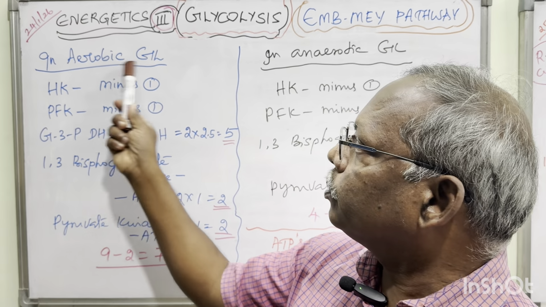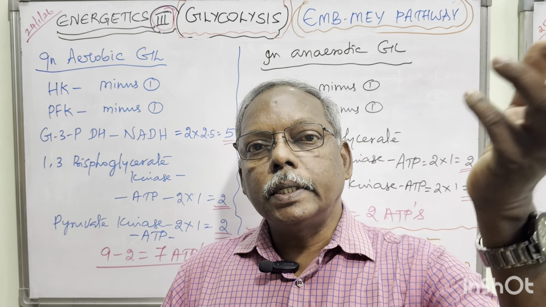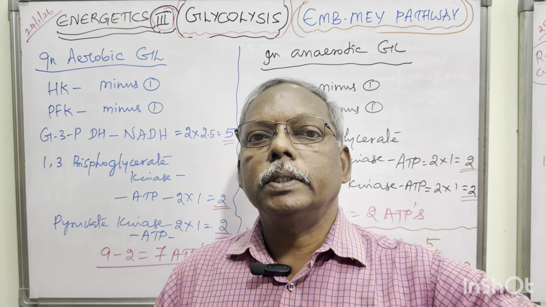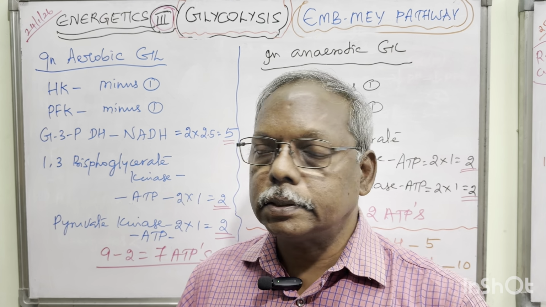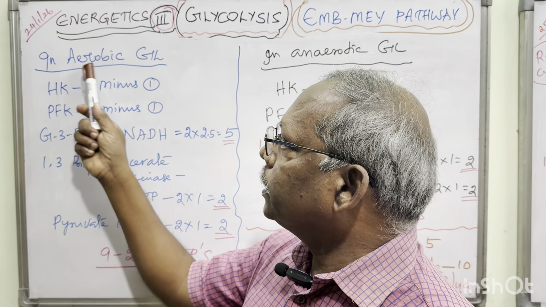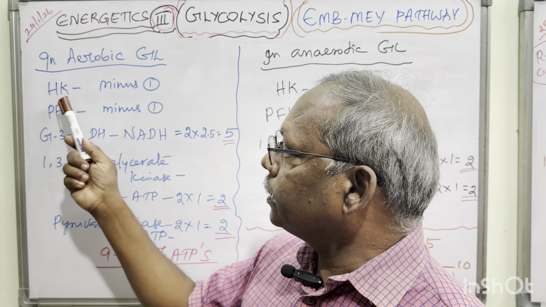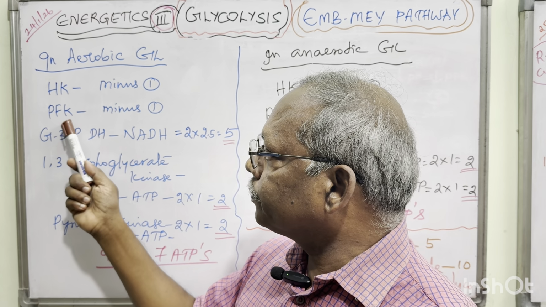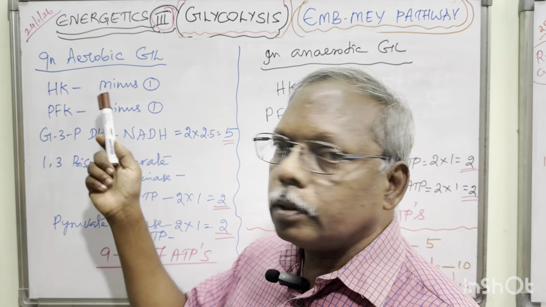First one is aerobic glycolysis. So in each step, how they are utilizing ATPs and how they are synthesizing ATPs, that is the concept of energetics in glycolysis. So here, in aerobic glycolysis, the hexokinase step and the phosphofructokinase step, the first and third steps, we are giving 1 ATP each, that is why minus 1, minus 1, minus 2 from the total. For hexokinase we are giving 1 ATP, for phosphofructokinase we are giving 1 ATP.